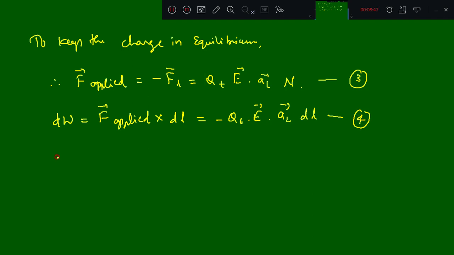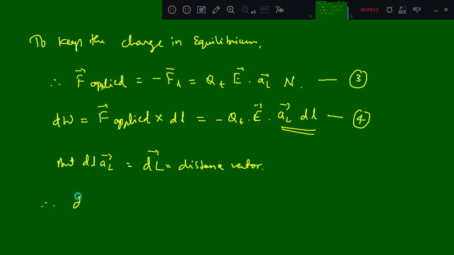But this dl into a_L is nothing but the distance vector dl.